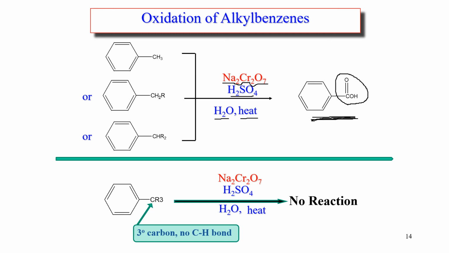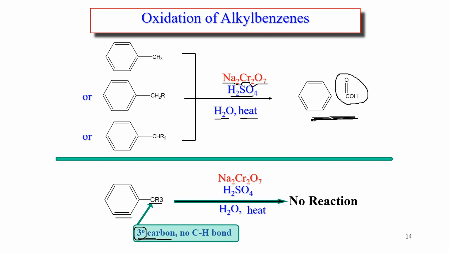A very important thing to remember, which can be important from an exam point of view, is that if the benzene is attached to an alkyl group which has a tertiary carbon, as mentioned here, so 3 degrees is what we call the tertiary carbon. It was there before in one of the previous lectures as well.